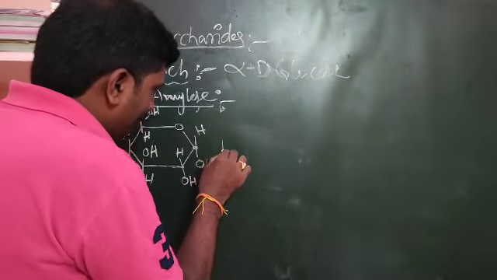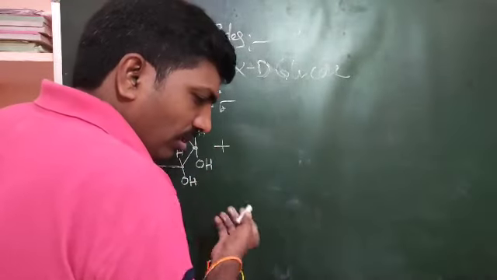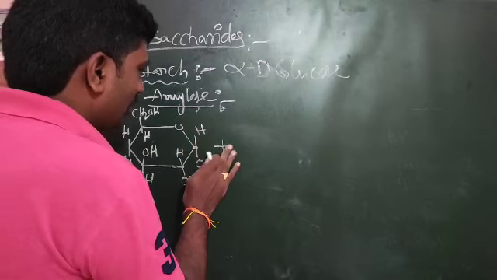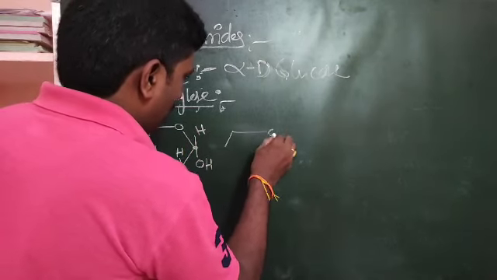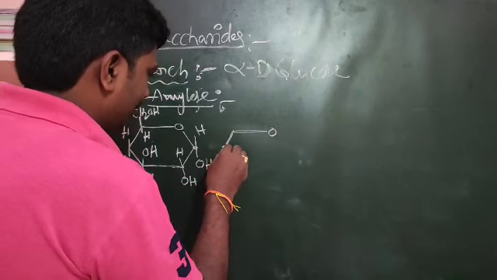Next, plus one more alpha D glucose, and not only one more, so many alpha D glucoses.